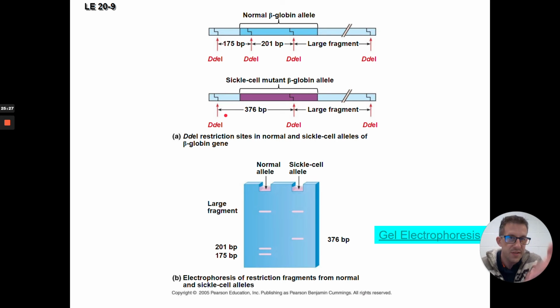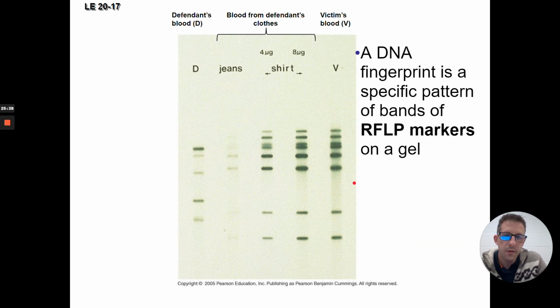And so we can see that here as well. Sickle cell gene, I had them flipped around, but regardless, not a big deal. So that's how we see the pattern shape out with sickle cell.